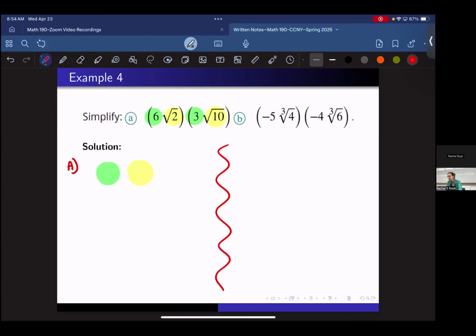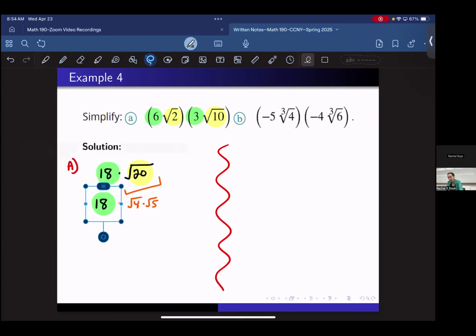So 6 times 3 gives you 18, and 2 times 10 gives you 20. So your answer is 18 square root of 20. However, you can simplify that square root of 20 into square root of 4 times square root of 5. And we know that the square root of 4 is 2.